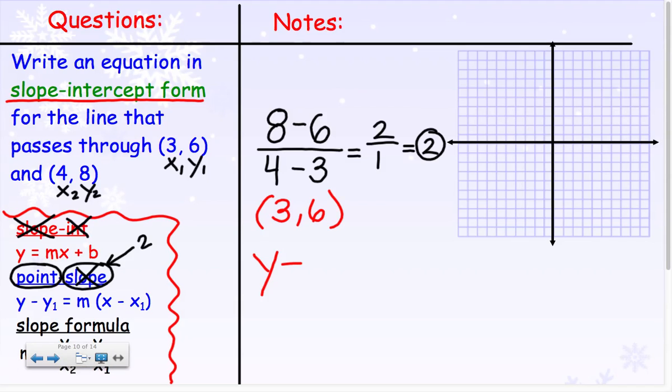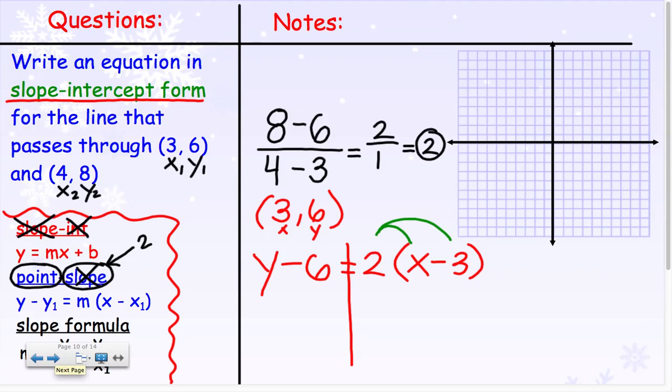So y minus my y coordinate, which is 6, equals my slope, 2, times x minus my x coordinate, which is 3. And I'm going to bomb it to get it into slope-intercept form, because that is what I want in the end. 2 times x is 2x, 2 times the negative 3 is negative 6. Bring down the y minus 6.